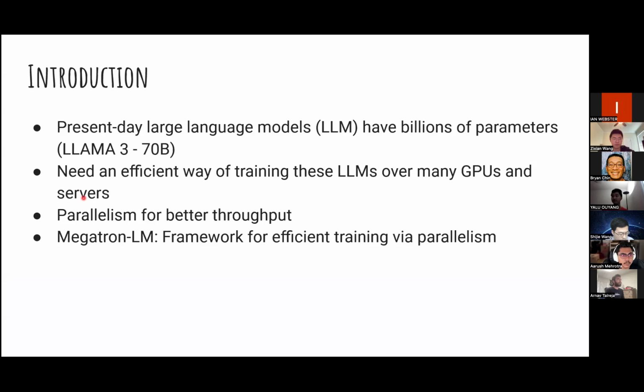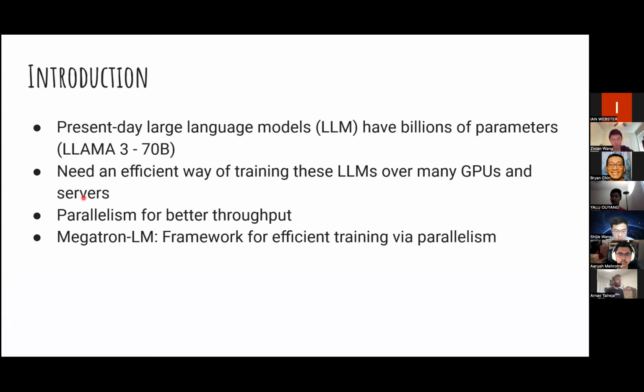So the motivation for this is that present-day large language models have billions upon billions of parameters, with Llama 3 having 70 billion. There is absolutely no way this will fit on a single device, a single GPU. So obviously, this needs to be computed using an array of GPUs and servers.